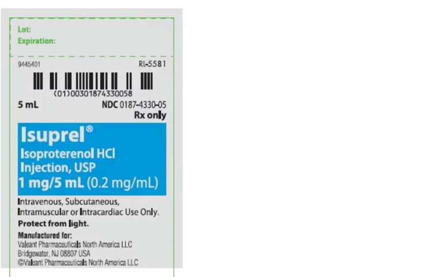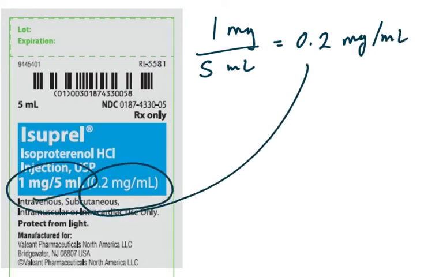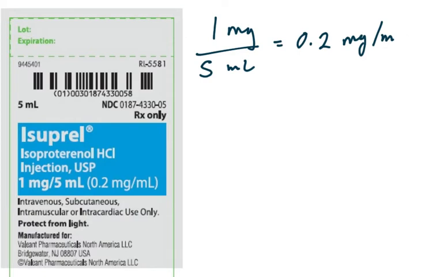It says 1 milligram per 5 milliliter, which, right, if we were to do what we did before, 1 over 5 is 0.2, and then the units combine to milligrams per milliliter. And so we see how these two things are the same. So it has both on the label, right?